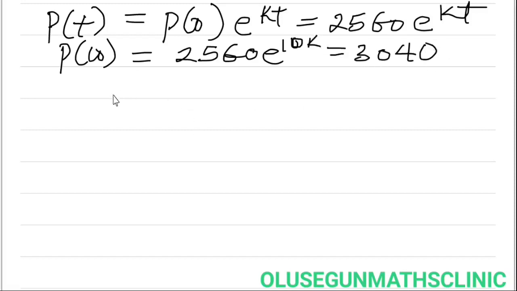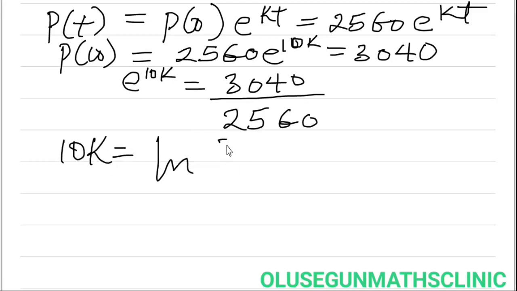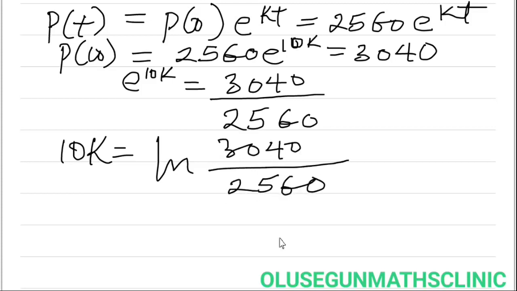So you now say that the exponential of 10k will give you 3,040 over 2,560. So you can write 10k to be equal to ln of 3,040 over 2,560.